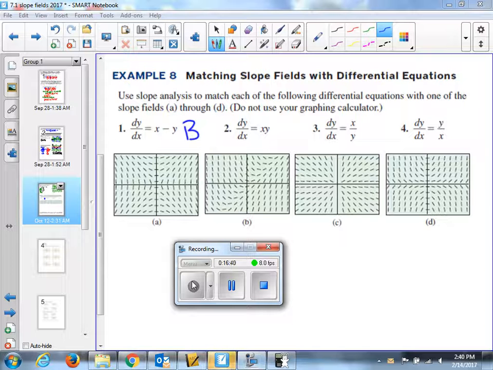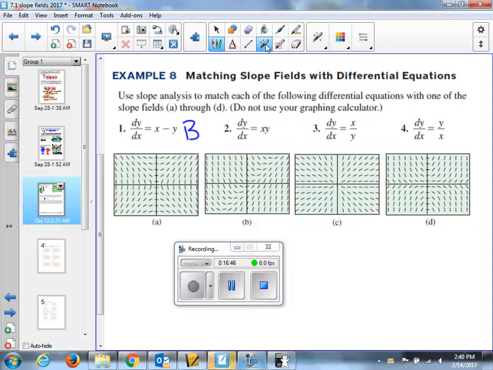And quite often what you're likely to have is either one picture of a slope field, and you're supposed to match it up with one of the 4 choices, or the other way around, one differential equation given and 4 pictures, and you've got to match it up if it's a multiple choice question.